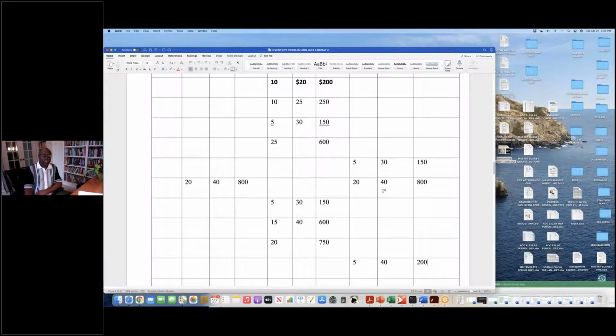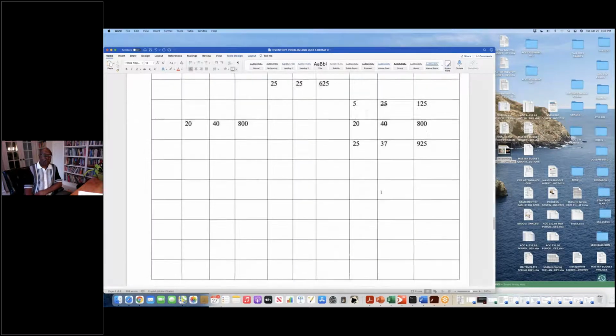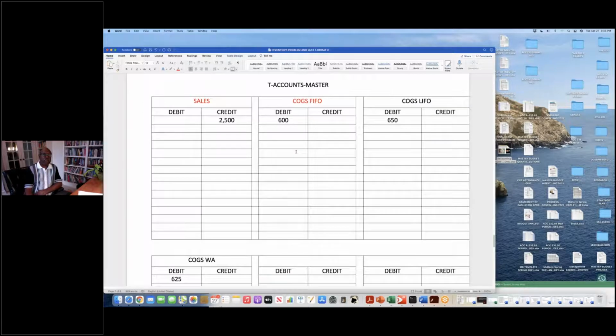So now we're going to take the 2,000 and the 750, and we're going to put them in the T account. So 2,000 here, 750 here. Then we total them out. So 4,500 becomes our sales, and our cost of goods sold becomes what? 1,350.